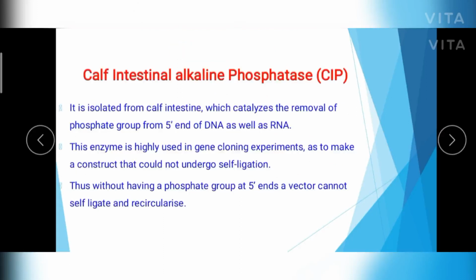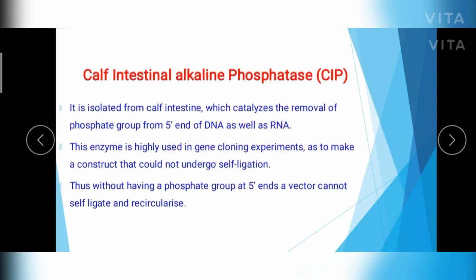The phosphatases used in gene cloning experiments are extracted from calf intestine. It is called calf intestinal alkaline phosphatase, and this enzyme is used to cleave the phosphate group from the 5' end of DNA as well as RNA.